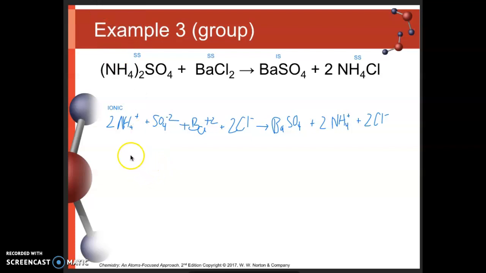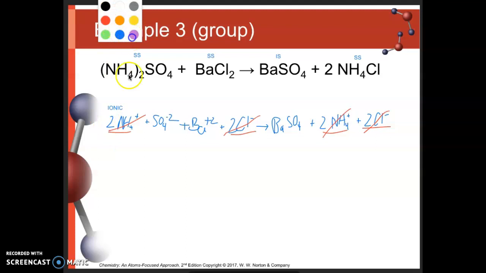To turn this into a net ionic equation, we have to identify our spectators. Our ammonium is common on both sides. Our chlorides are common on both sides. So those are going to cancel out. And so our net ionic equation is just what is left behind.